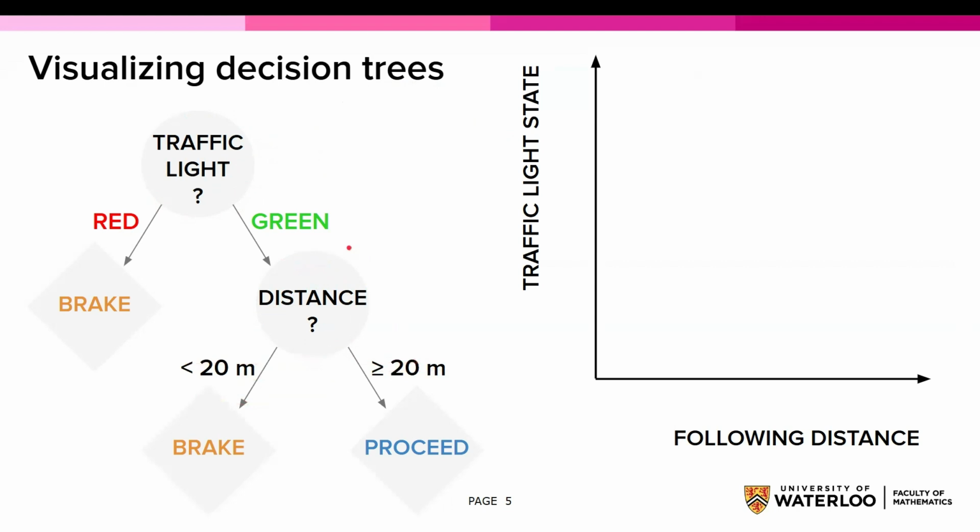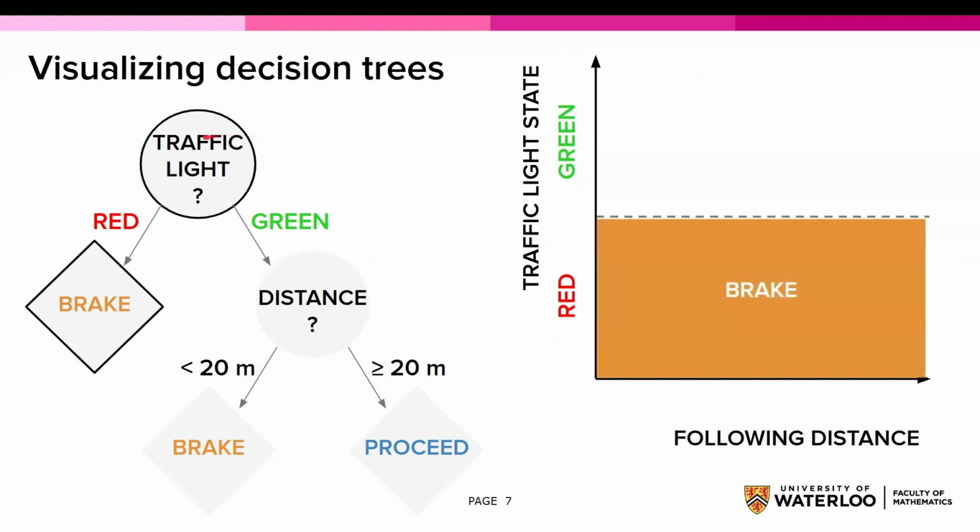We can put these features, traffic light state and distance, as the axes of a 2D plot. The traffic light state is a binary variable, so it would only take on values of red or green.